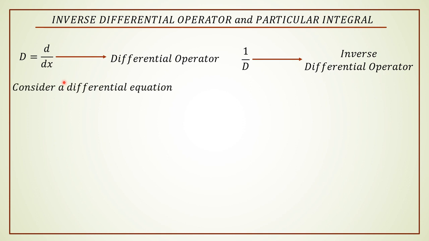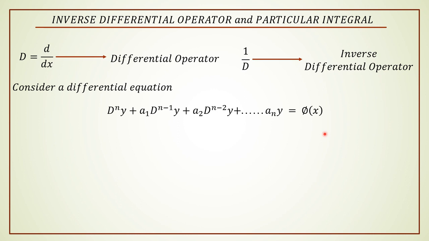Just consider a differential equation of order n, which is represented as D to the power n y plus a1 D to the power n minus 1 y, and so on up to an y is equal to phi of x, where phi of x is a function of the independent variable x.